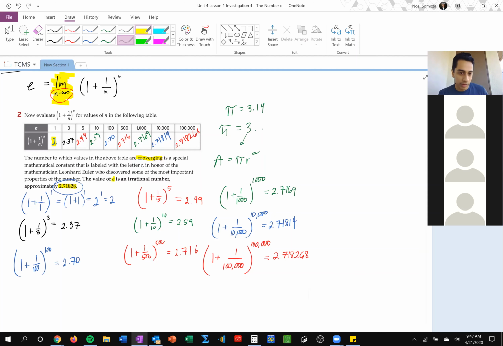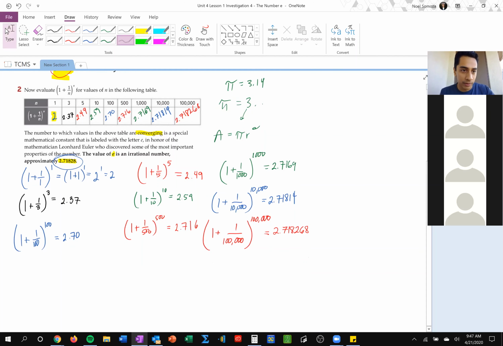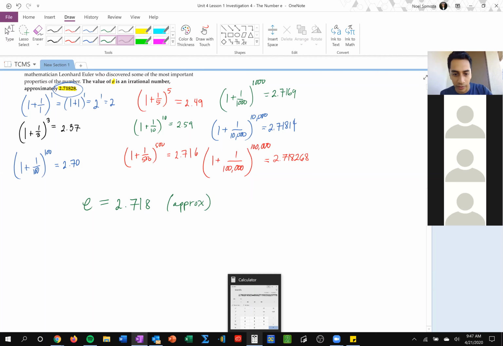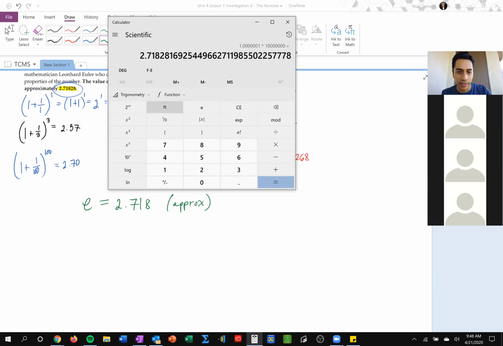So from here on out, E for us is going to equal 2.718, as the approximation that we're going to use if we have to hand calculate it. But typically, calculators utilize the value E somewhere. You see it on my calculator, right next to pi.